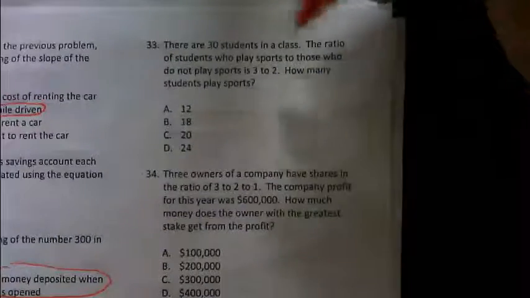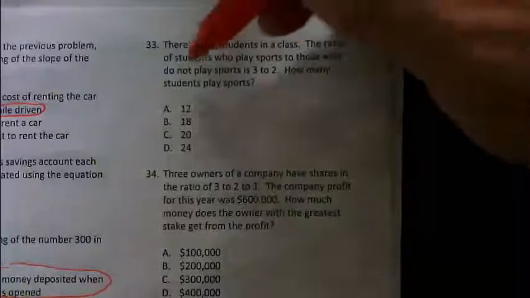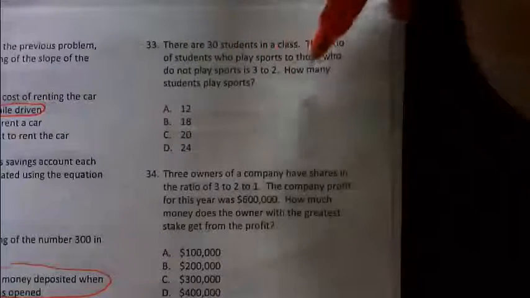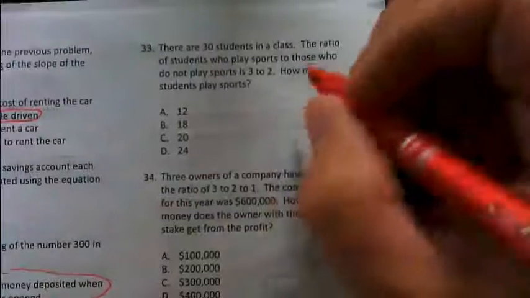Number 33. There are 30 students in a class. The ratio of students who play sports to those who do not play sports is 3 to 2. How many students play sports?